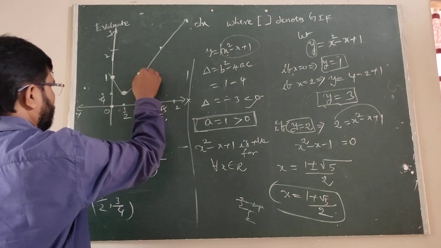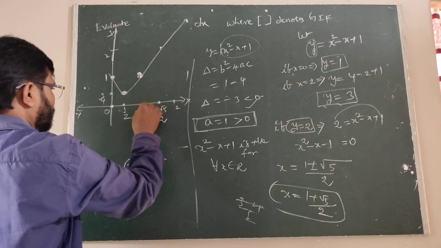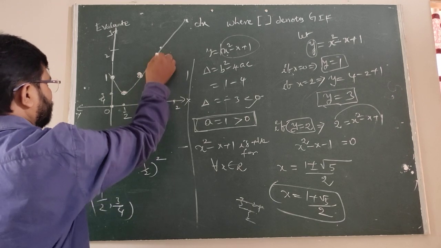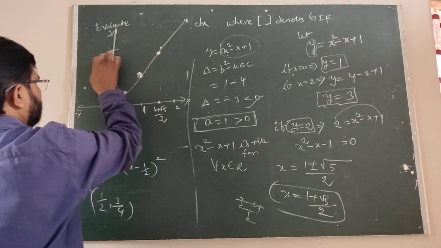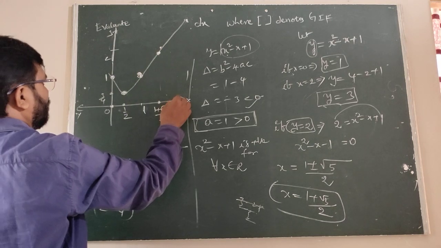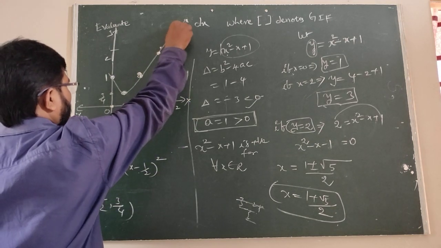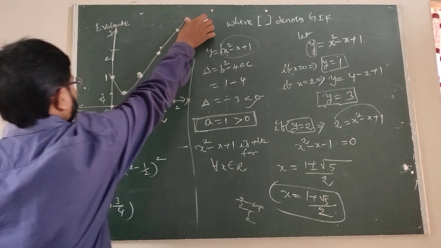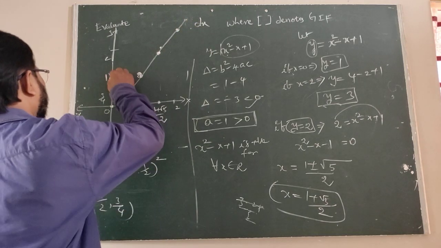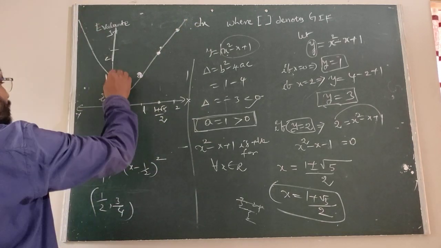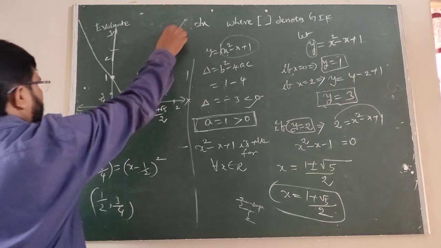Here this is 1, this is 2, this is 3. Now this is our required graph, but we have to take only this part.